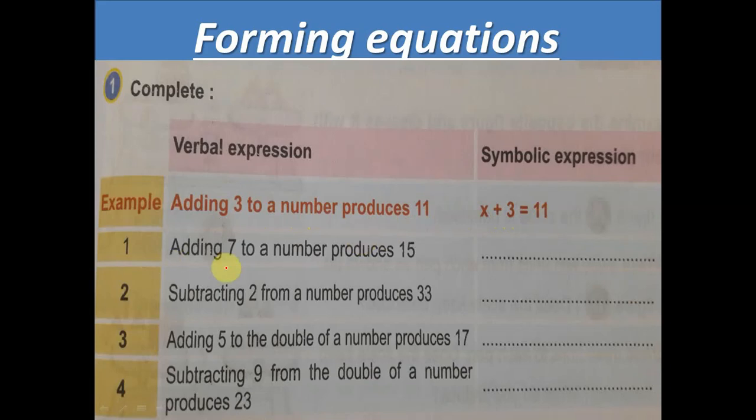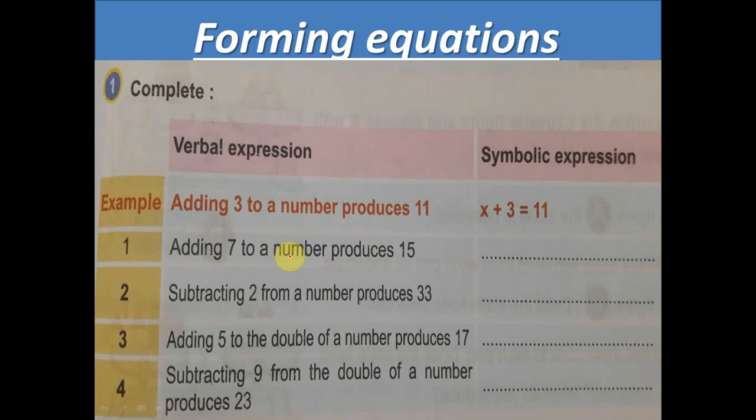Number 2: adding 7 to a number produced 15. Adding 7 to what? To a number called X, called Y, called Z. Any symbol.